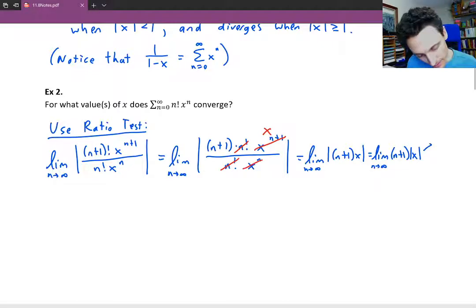So we're going to get convergence to 0 when x is equal to 0. And this is equal to infinity, or goes to infinity, if x is not equal to 0.